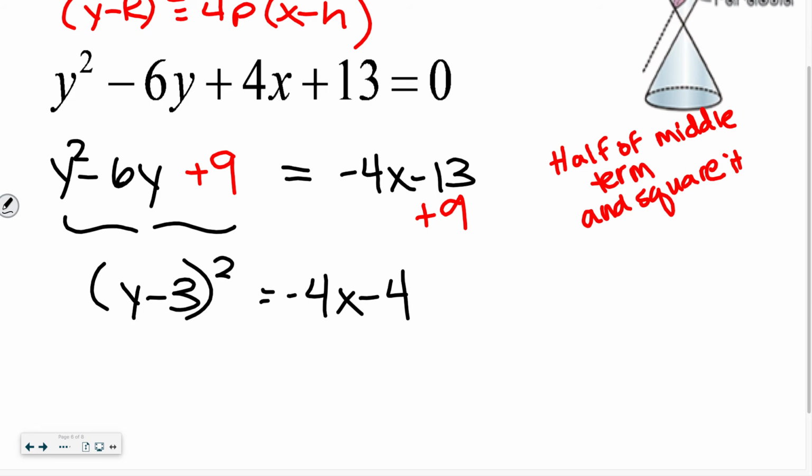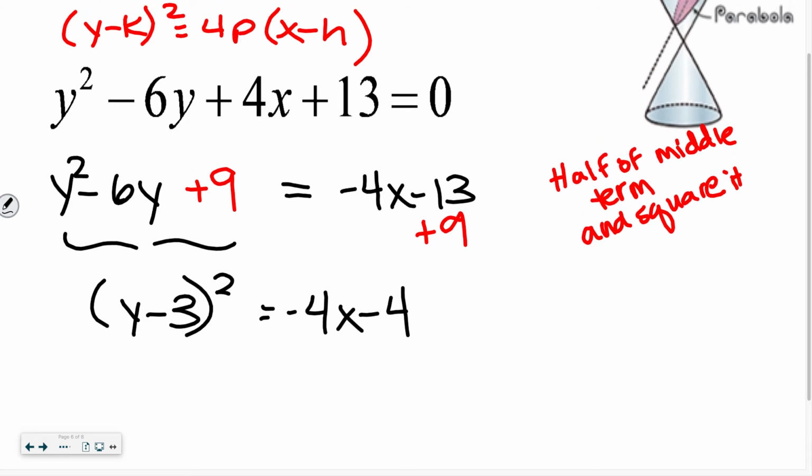Now, you want it to look like the standard form that I gave you earlier, and on both sides you have the groups of parentheses. So one thing to make sure about like this x up here, the coefficient for that has to be 1. So if there's anything ever in front of x or y over on the other side, you have to factor it out, all of it.